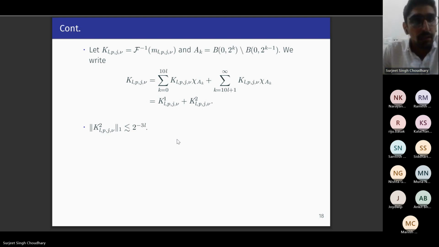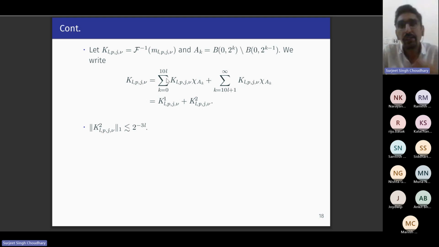So basically, we have decomposed our kernel into a sum over annular regions, and we first consider the sum over annular regions where k is varying from 0 to 10ℓ, and then from 10ℓ to infinity. When our kernel is away from the origin, we have good decay, basically a decay of 2^{-3ℓ}.